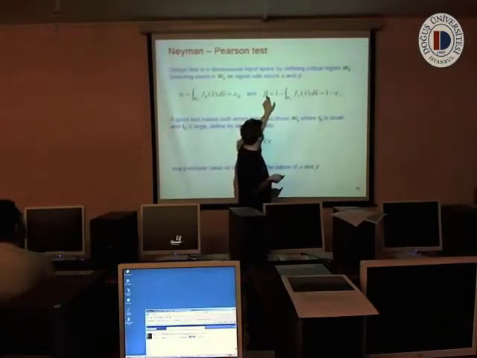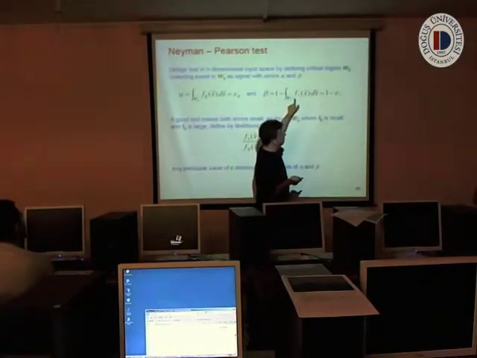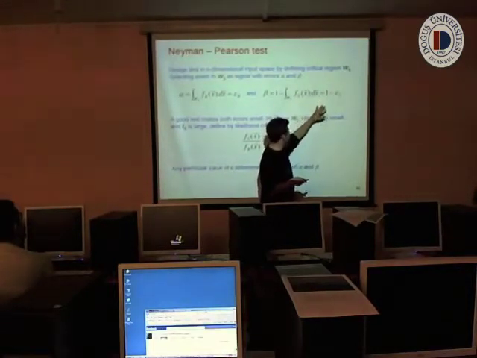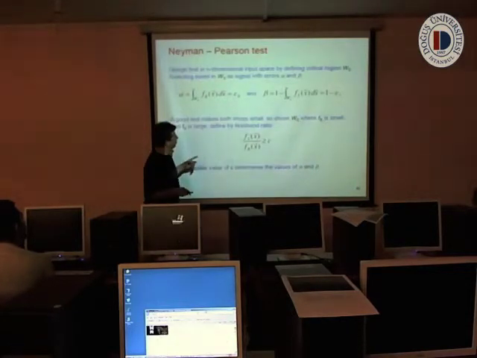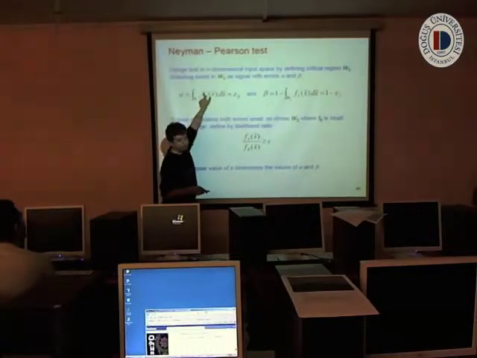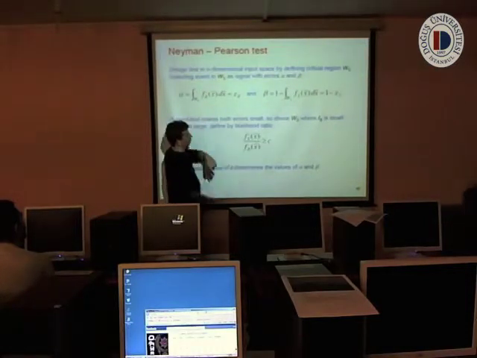And you also want to keep beta, which is 1 minus the signal efficiency, small, since you want the signal efficiency large. So alpha and beta should become small. If you look at these formulas, that means this should be small, and this one should be large.